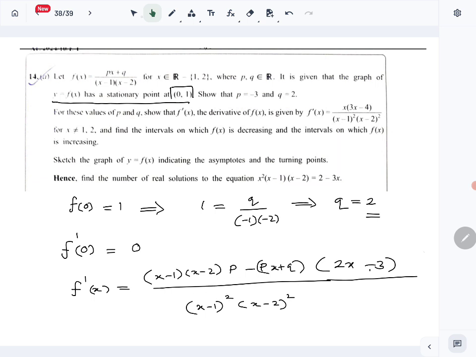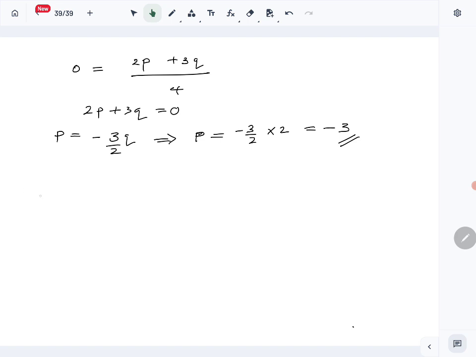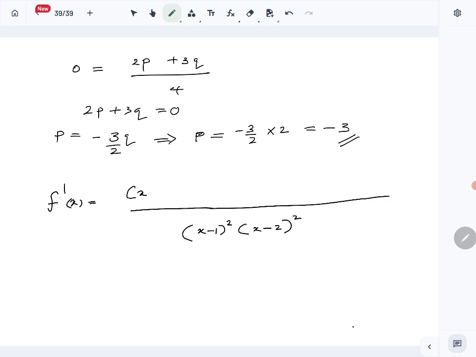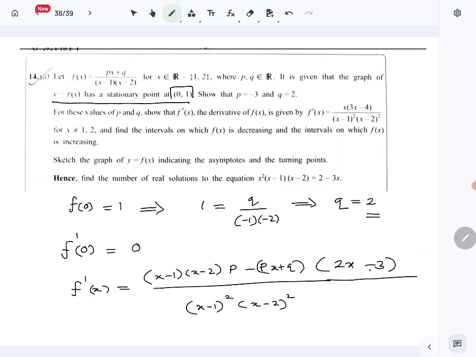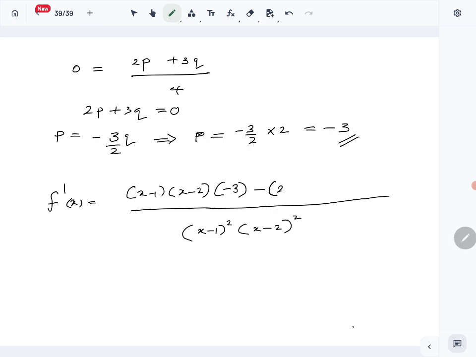Let's write that down. f dash x, the derivative, is (x minus 1) squared, (x minus 2) squared, (x minus 1)(x minus 2), p is minus 3, minus, what do we have? q is 2, p is minus 3, so that is (2 minus 3x) times (2x minus 3).